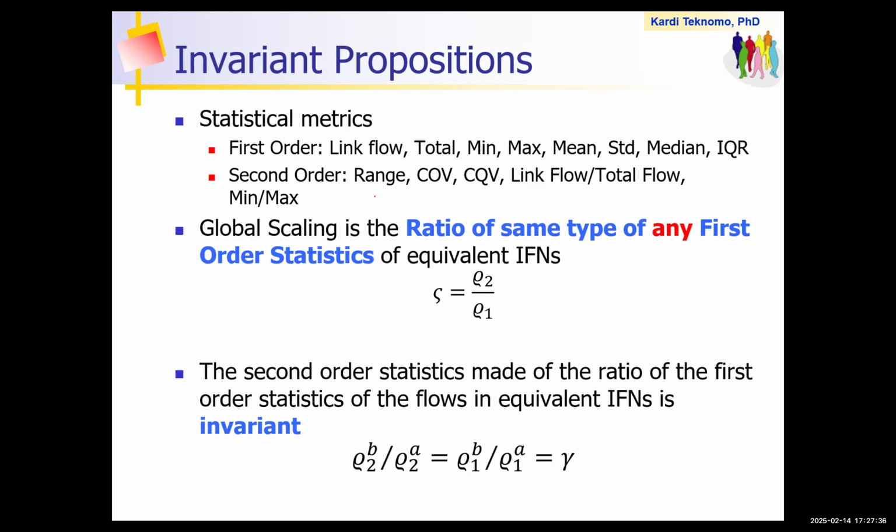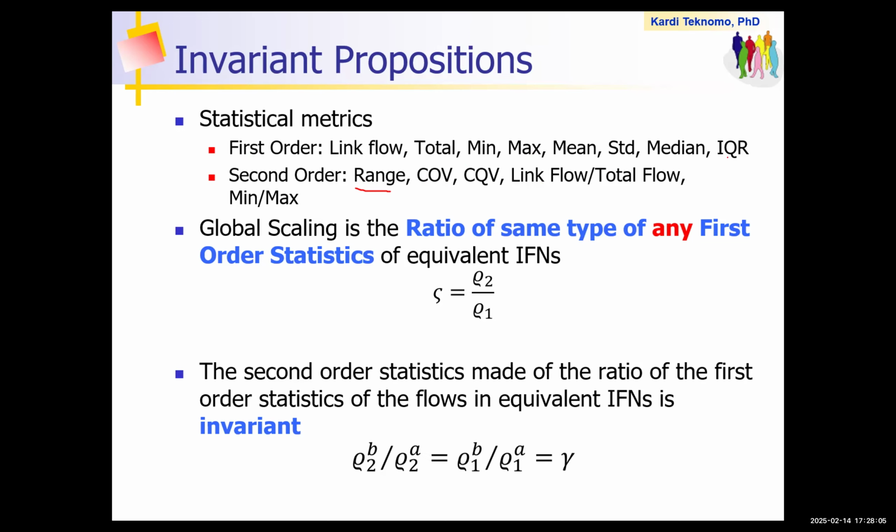When we say second order statistic, we get this value from the first order. For example, range is maximum minus minimum, right? So they are not from the data; they are obtained from the first order. The same thing with COV, the coefficient of variation of flow: standard deviation divided by mean.